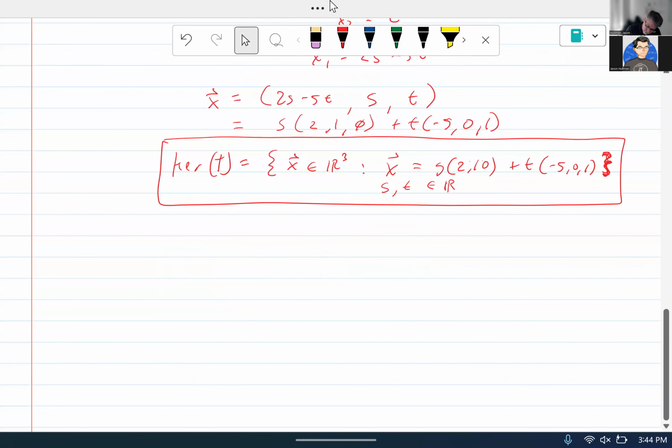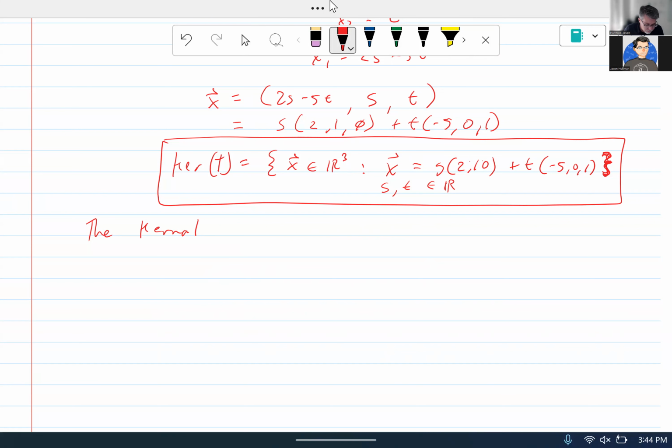Oh, were we going to find the range as well? Yeah. Oh, yeah. So, let's look at what this kernel is before we talk about the range. So the kernel is, is it two-dimensional or three-dimensional?